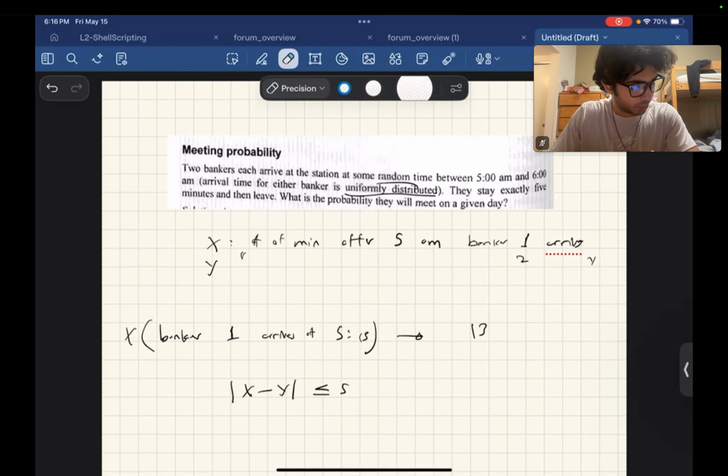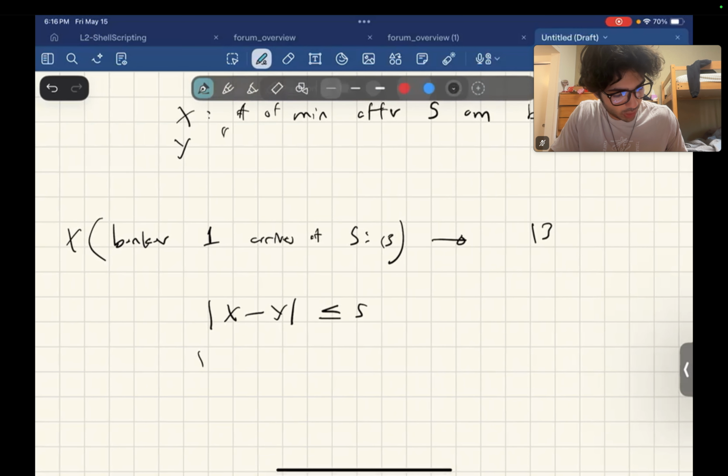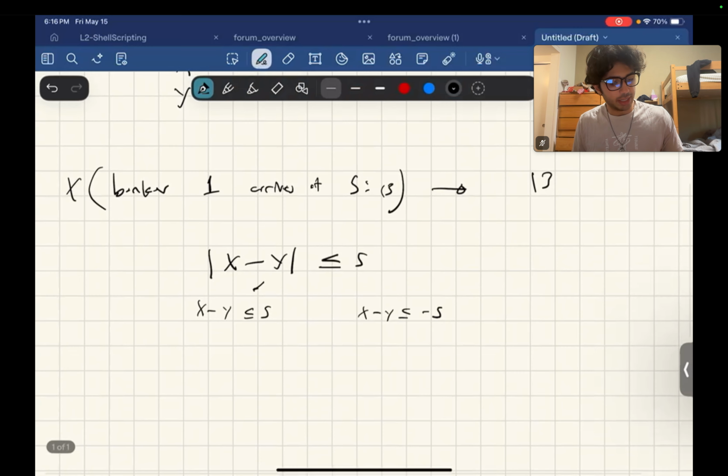Now we're going to get rid of the absolute value sign by saying x minus y could be less than or equal to 5, or x minus y could be greater than or equal to negative 5. Then we're going to solve for y on both sides.